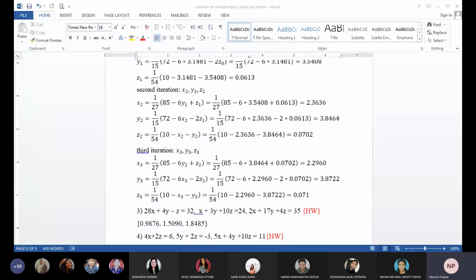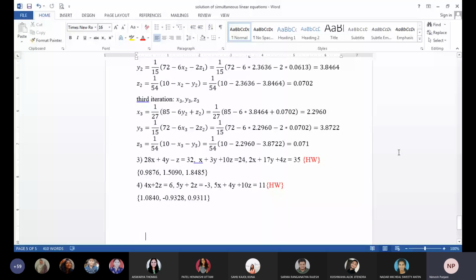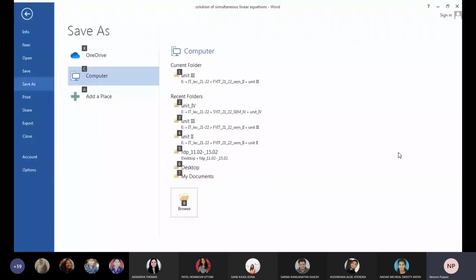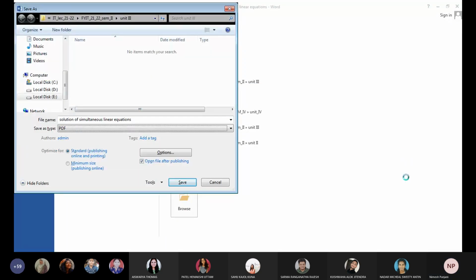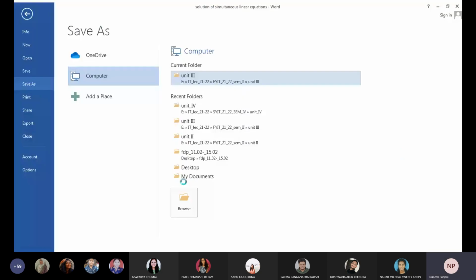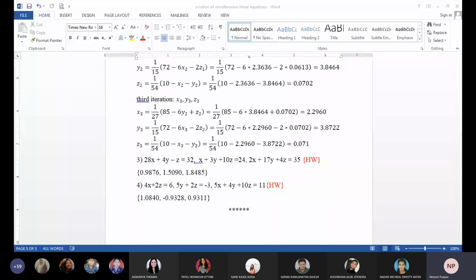Okay, very good. Now there are two sums which I will give to you for your homework. This completes the part of Unit 3 related to the system of equations. No need to take the screenshot. I'll upload this in your Teams just now. So from there you can download it and do the homework sums. So now we'll go to the part of numerical integration.